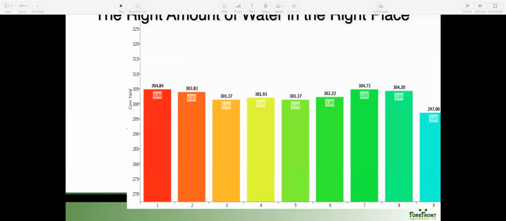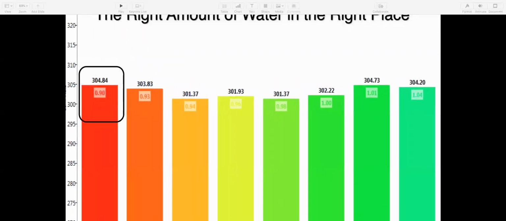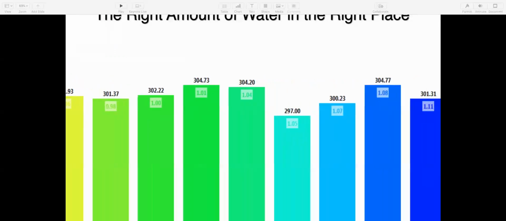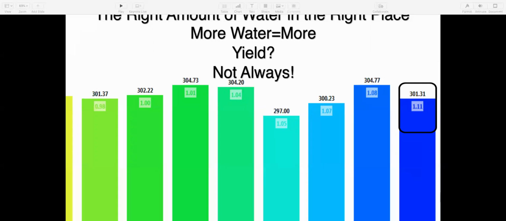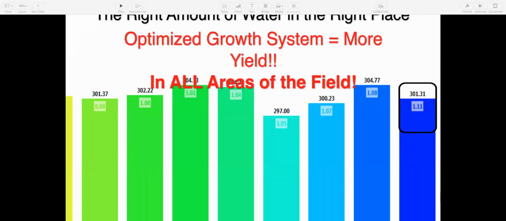As we dig in a little bit closer, looking at that 0.9 of an inch, we were able to make nearly 305 bushels on this particular field, whereas out here on the high end where we put on 1.11 inches, we only made 301. Sometimes more water doesn't always equal more yield, so keep that in mind. But the goal is to optimize that growth system to equal more yield in all areas of the field.